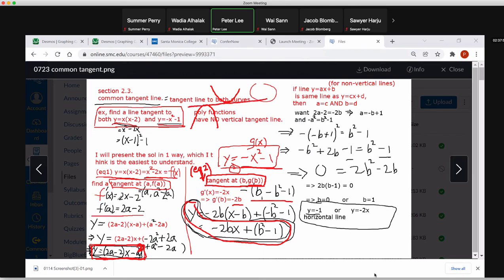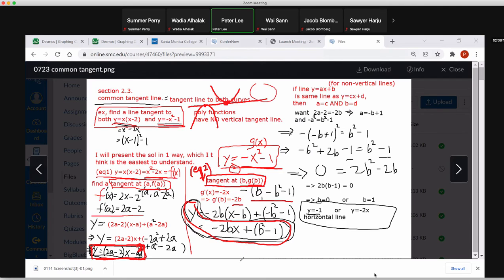In the first step, we found a tangent line to the first curve at the point a comma f of a. In the second part, I found the equation of the tangent line to the second curve at b comma g of b, and so we get this line.